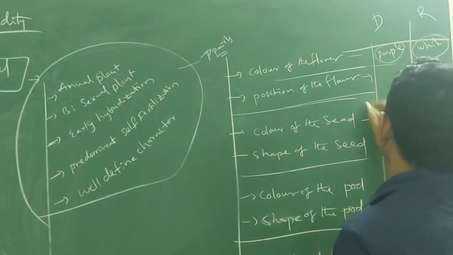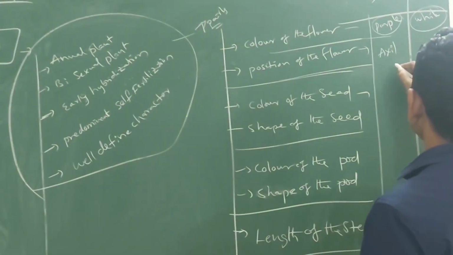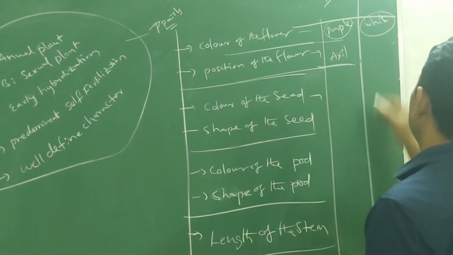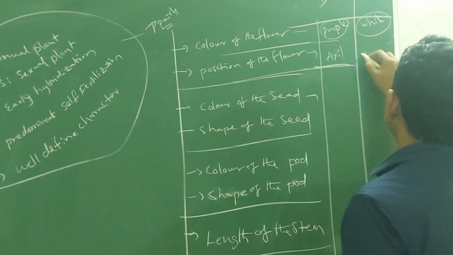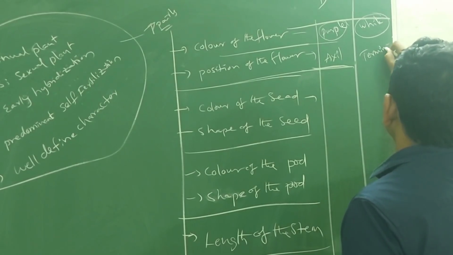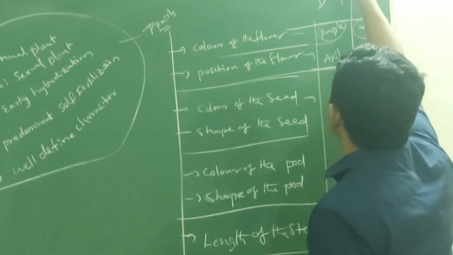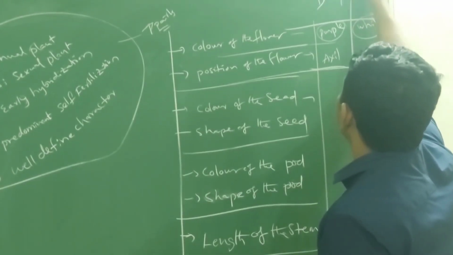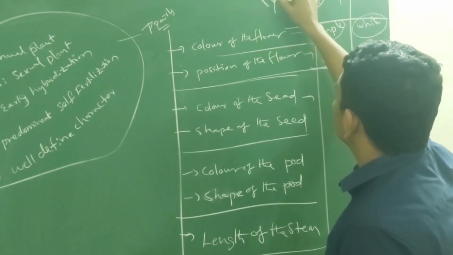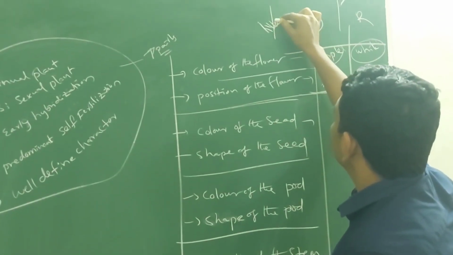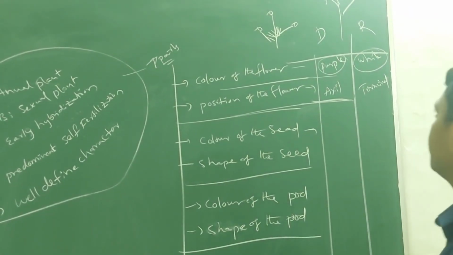And position of the flower, axial is the dominant trait, and terminal, which means apical parts of the plant, is recessive. Terminal means these branches, the apical parts are called terminal parts.